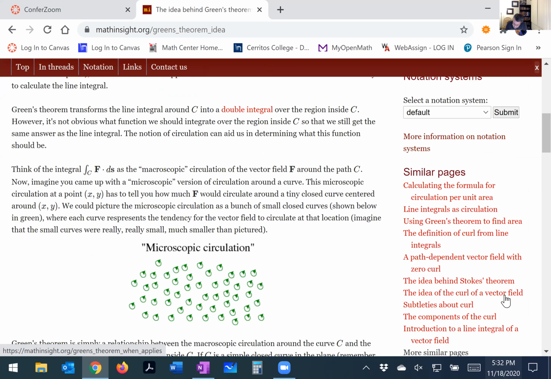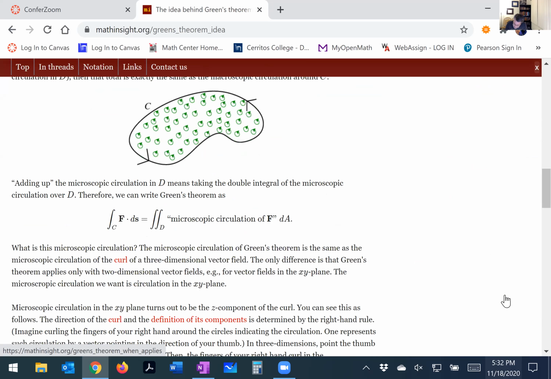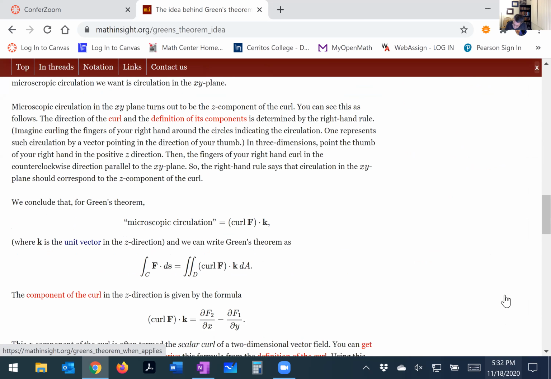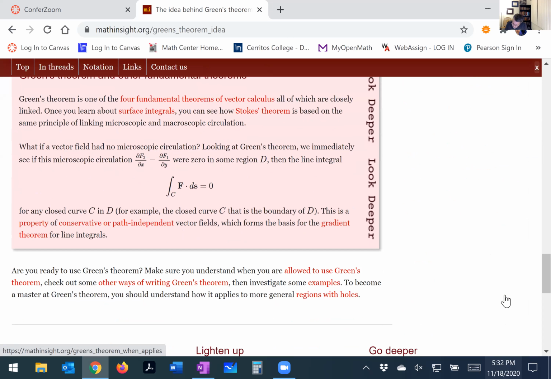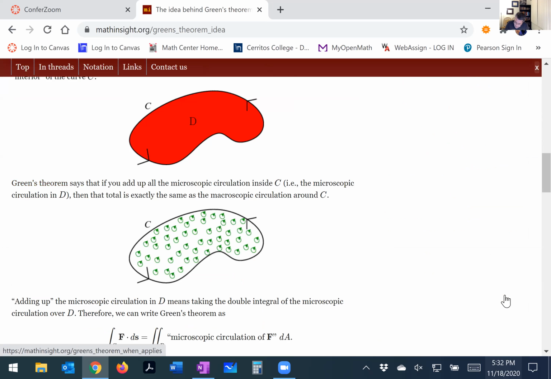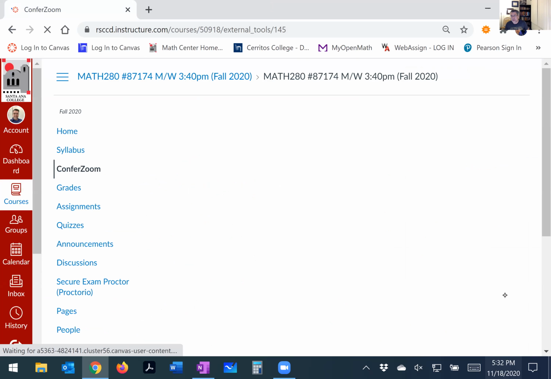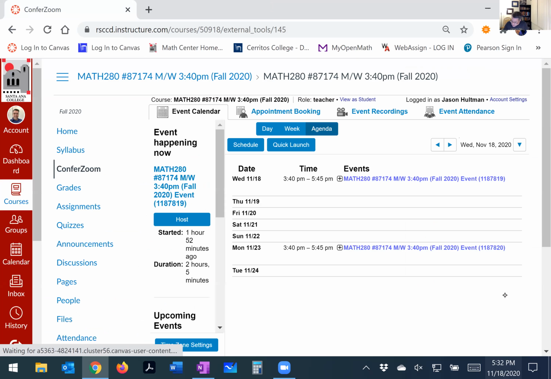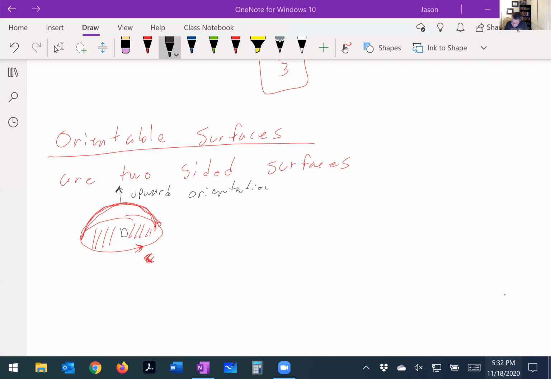It's kind of interesting to get into this stuff a little bit deeper. So anyway, I just thought I'd pass that on to you, because we don't talk about the engineering application of this stuff so much. It all has to deal with fluid dynamics.